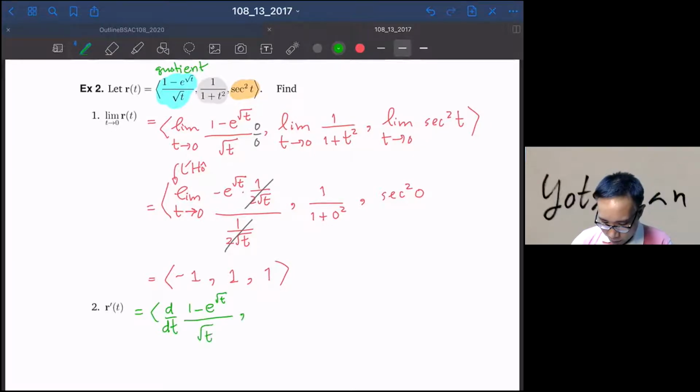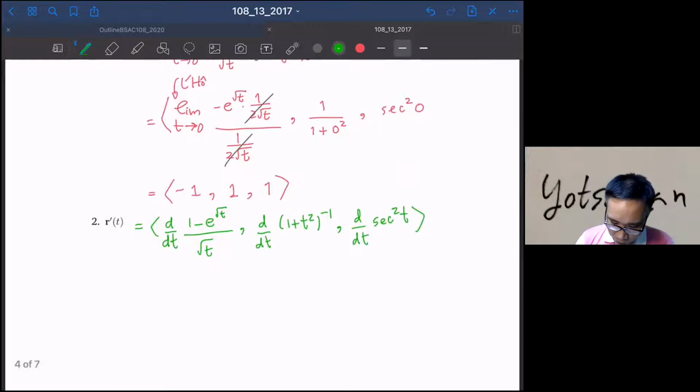The second one is d/dt of 1 plus t squared to the negative 1. And the last one is d/dt of secant squared.